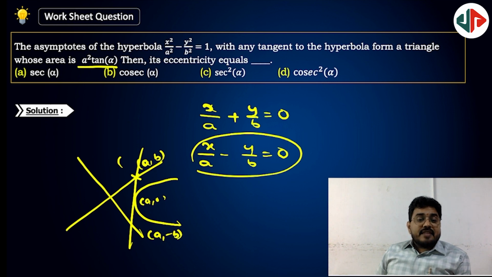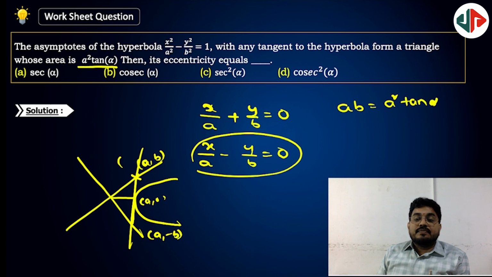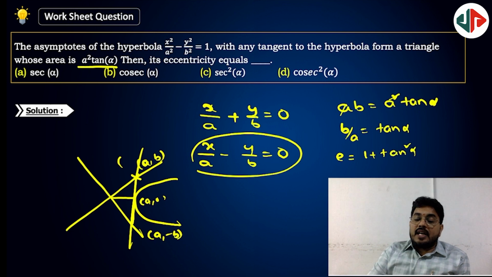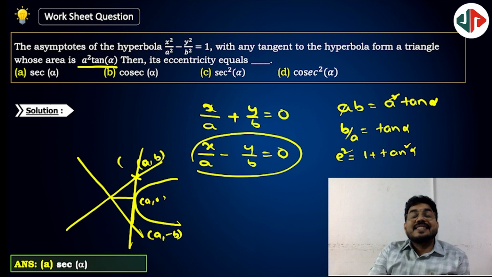So this length is 2b, this length is a. So area will be equal to ab is equal to a square tan alpha. So b by a is equal to tan alpha. E is equal to root of 1 plus tan square alpha. So the answer is E square is equal to 1 plus tan square alpha, so the answer is secant alpha.